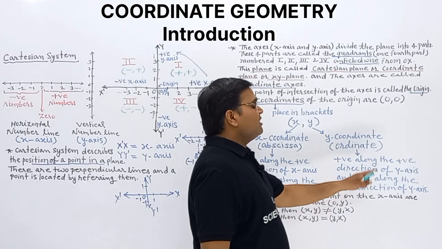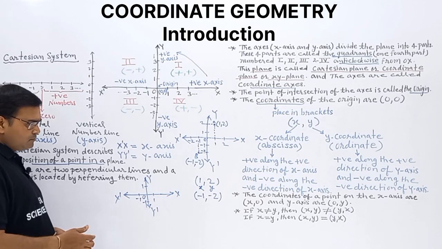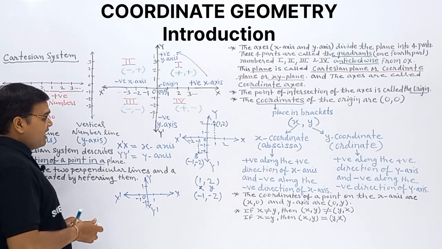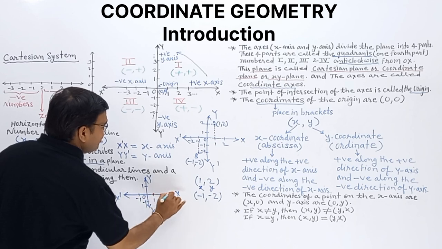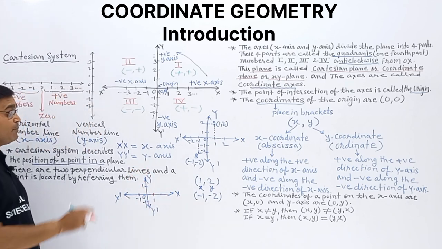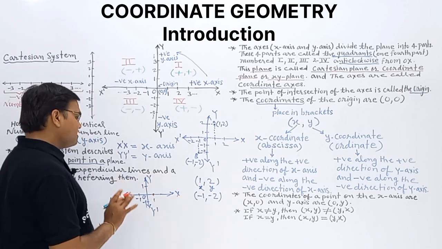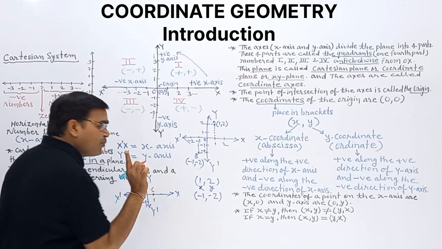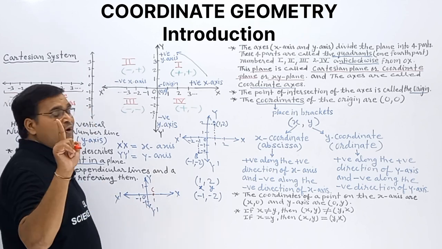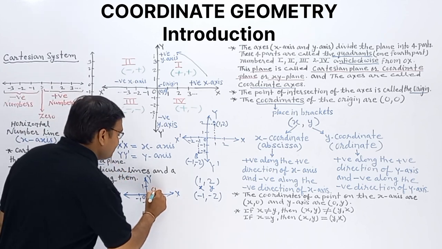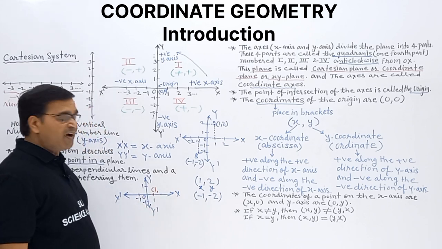Now, the coordinates of a point on the x-axis. What will be the point on the x-axis? I am having one point there. Then what will be the position of this point? So first we will write the x point. What will be the position of x? X is 1. And what is the position of y?